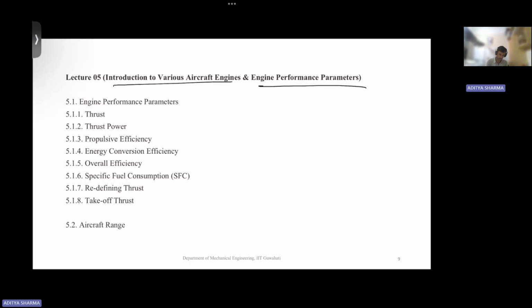Engine performance parameters and the introduction to various aircraft engines. So first, we will see the performance parameters. So all these we shall see one by one.